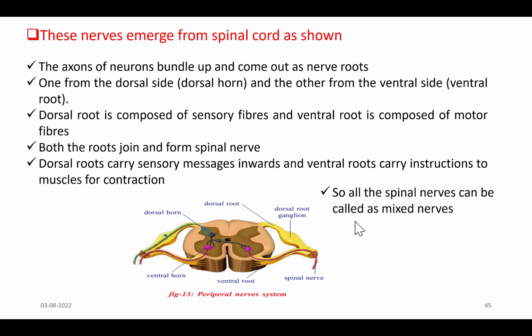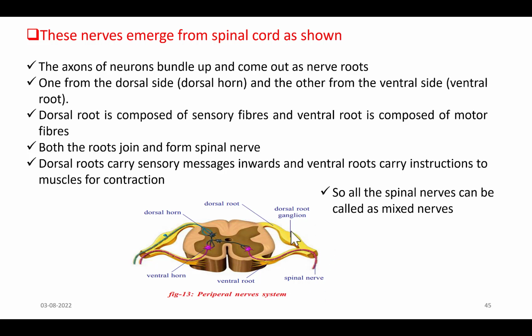Got it? Now, because spinal nerves carry both sensory and motor axons inside, they are called mixed nerves. So, all spinal nerves are mixed nerves because they have sensory as well as motor axons. They carry information inside and also carry motor instructions outside.